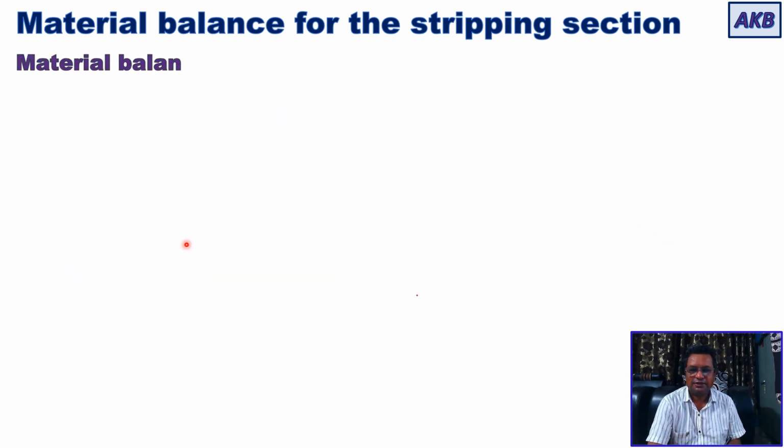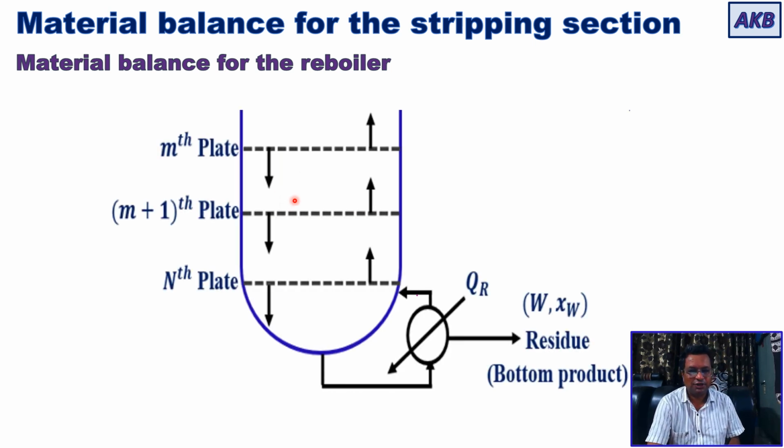So first we'll understand material balance for the reboiler. For that, let us look at the reboiler and follow the notations. The notations that I'm going to use for this discussion: for example, for the liquid stream that is leaving mth plate, the liquid flow rate will be L bar m.